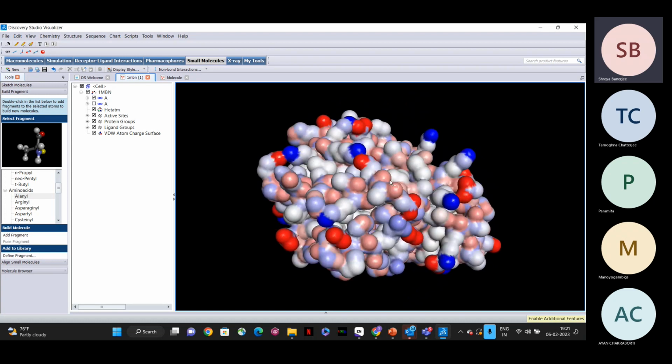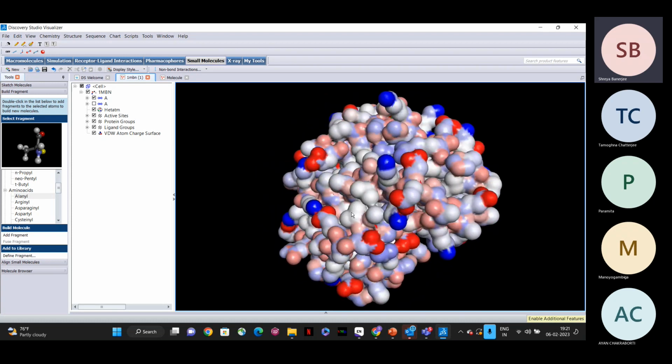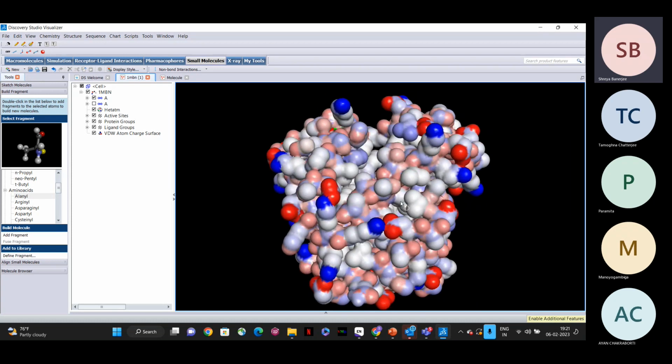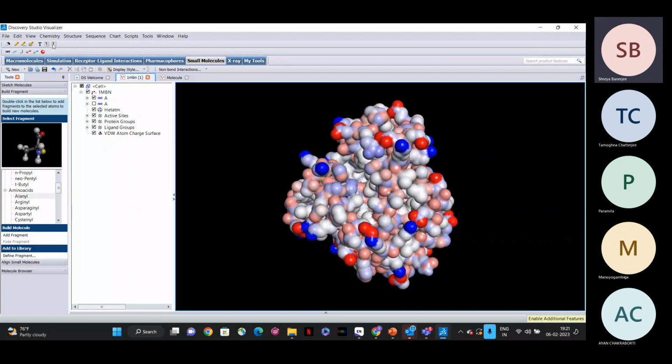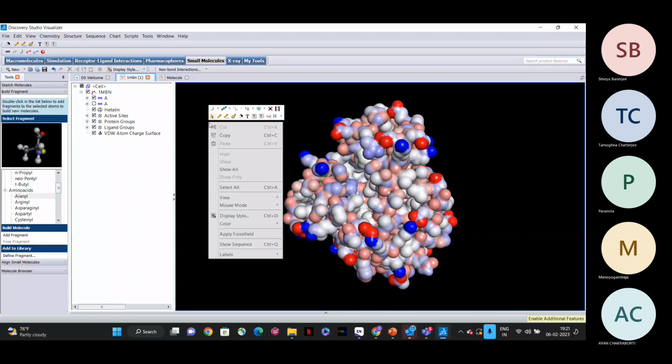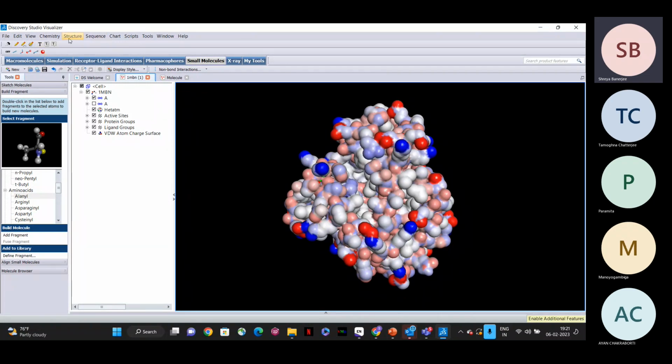So it is showing you the van der Waals interaction areas. So there are many ways of visualizing the protein like this. And the best is this is a free software, so you can download it if you want.